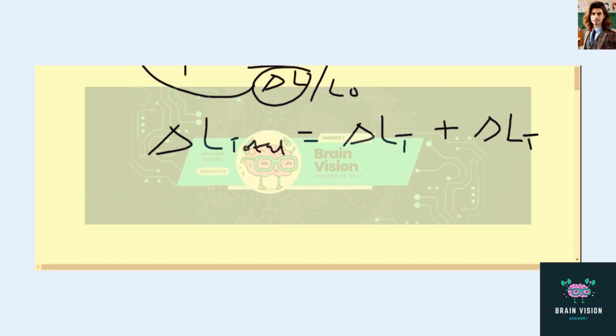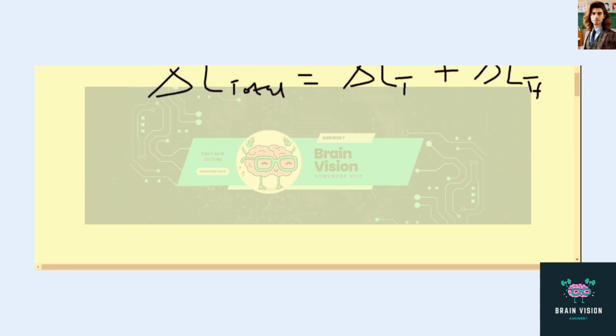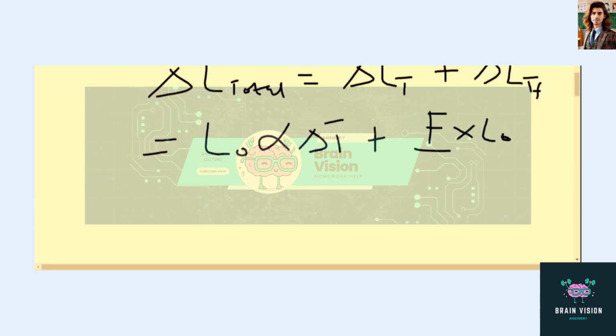So let me say delta L subscript TF, which stands for tensional force. When we look at this, we can put all of these equations together, and we get L naught multiplied by the coefficient and the change in temperature, plus the force times the initial length, all divided by the area times Young's modulus. Now let me put all this into bracket.